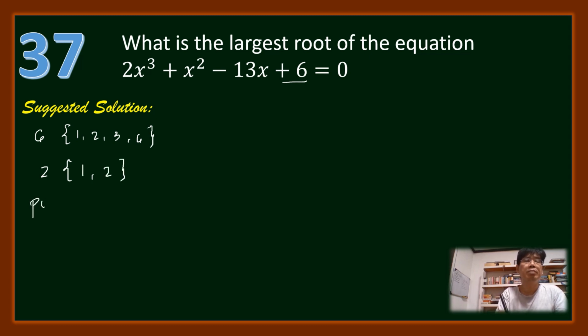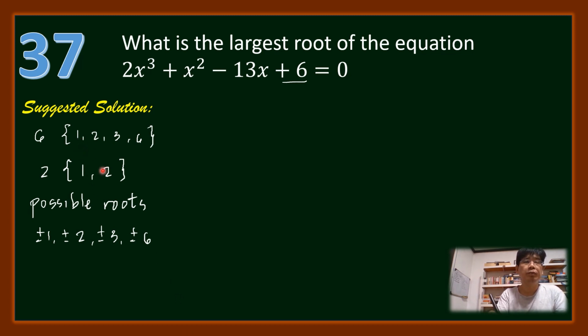Then we have the possible rational roots of the polynomial equation as positive negative 1, positive negative 2, that is from 1 over 1, 2 over 1, also 3 over 1, and 6 over 1. So we also have positive negative 3 and positive negative 6.